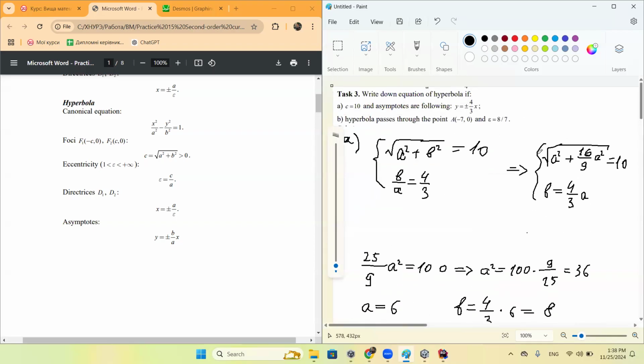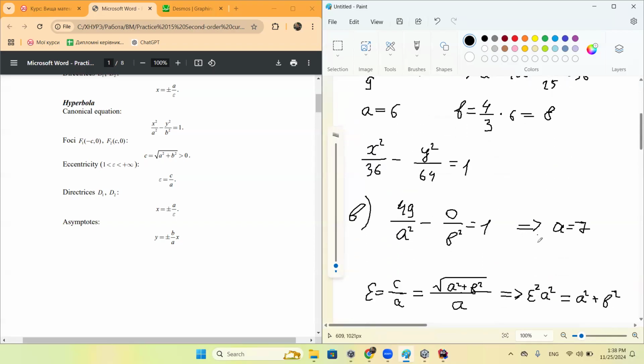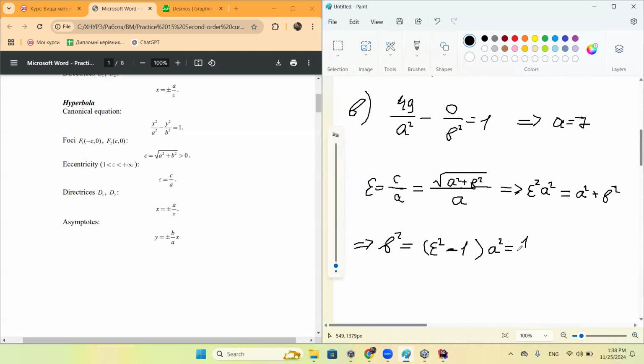So 1 by 7, 1 by 49. No, not correct. Let me recalculate.